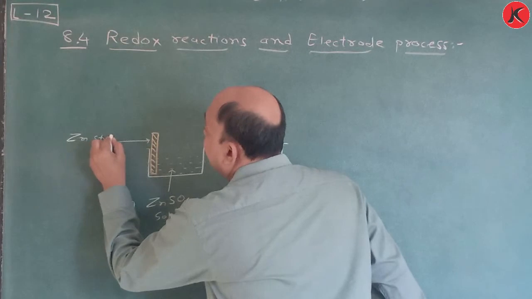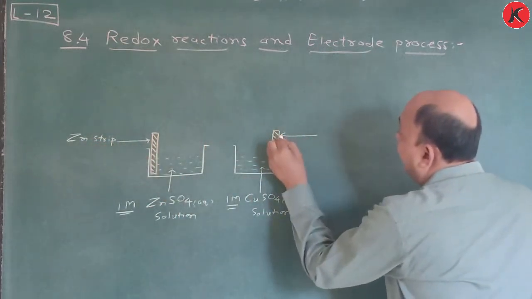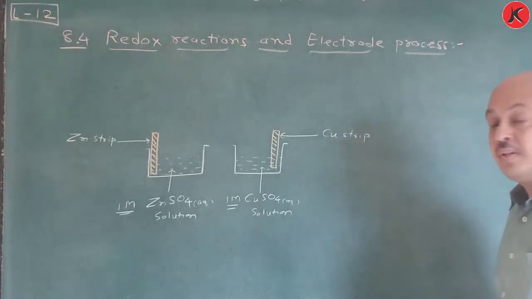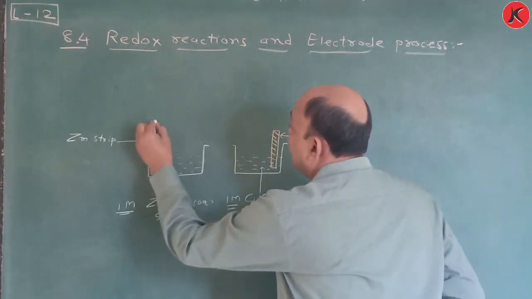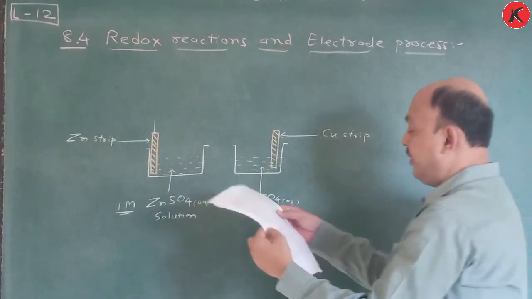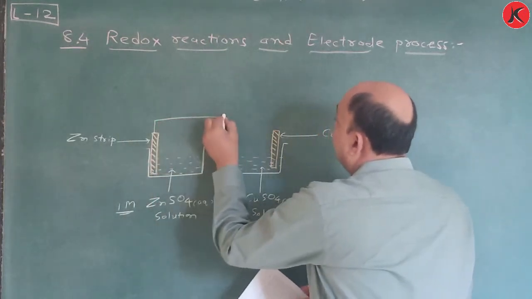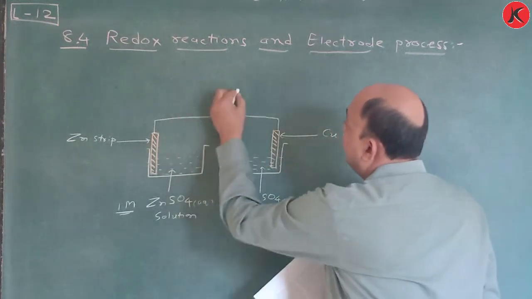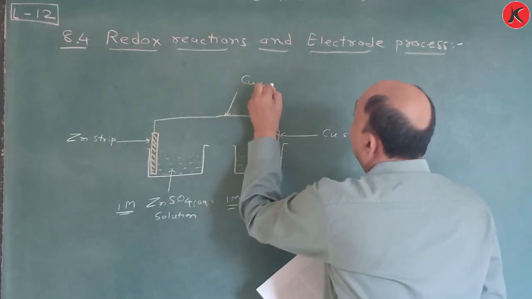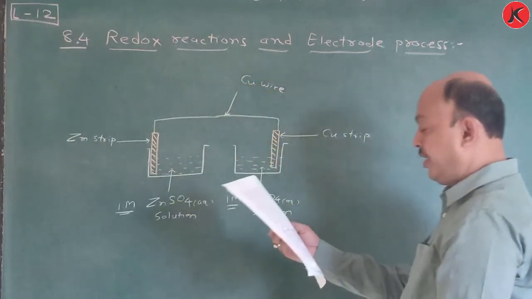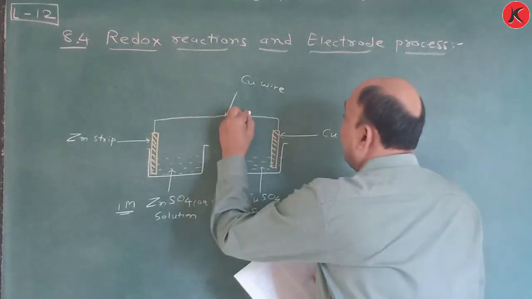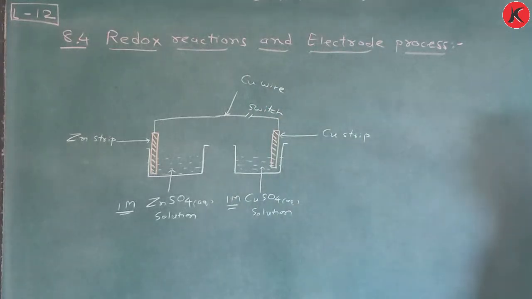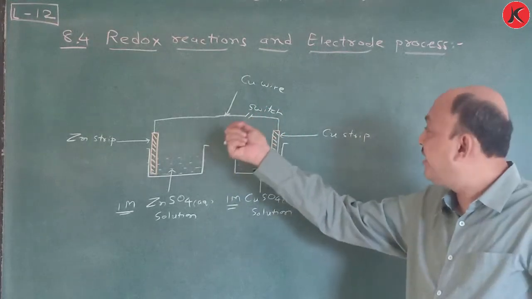This is the Zn strip, and this is nothing but the copper strip. Now you have to join them with the help of one copper wire. Here in your book it is written that a switch is there. So we write down here switch. Sometimes a battery is also used, but here a switch is written.